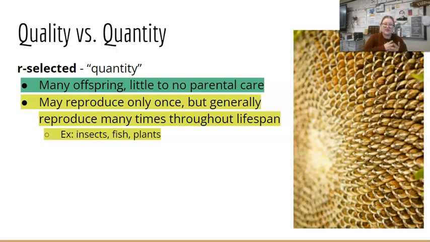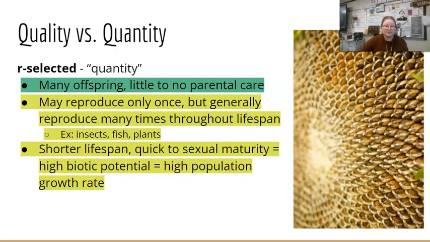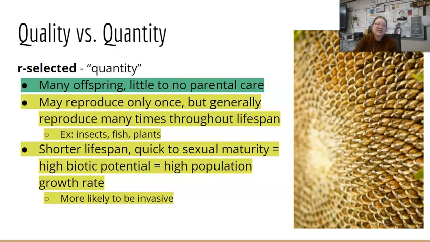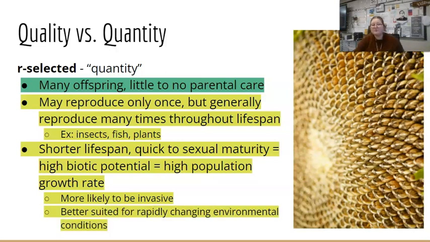A lot of insects don't live that long, so they pump out a lot of babies in one go. They have a shorter lifespan and are quick to sexual maturity, meaning they're able to have young really quickly. High biotic potential means a high population growth rate, and they are more likely to be invasive and better suited for rapidly changing environmental conditions.